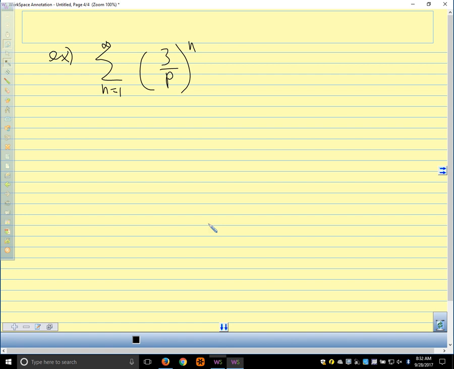Well, what does this look like? This looks geometric, so we have to use that little testing rule. I'm going to say geometric-ish. The other one was p series-ish. This is geometric-ish.